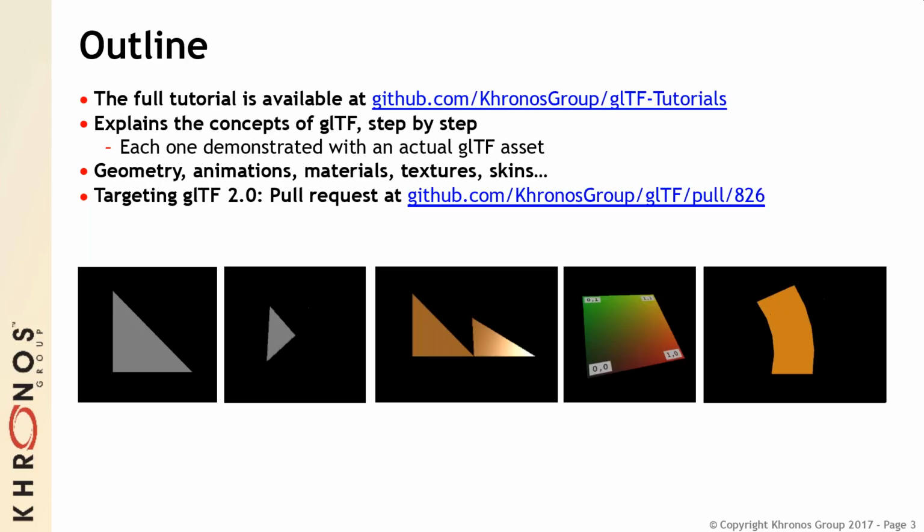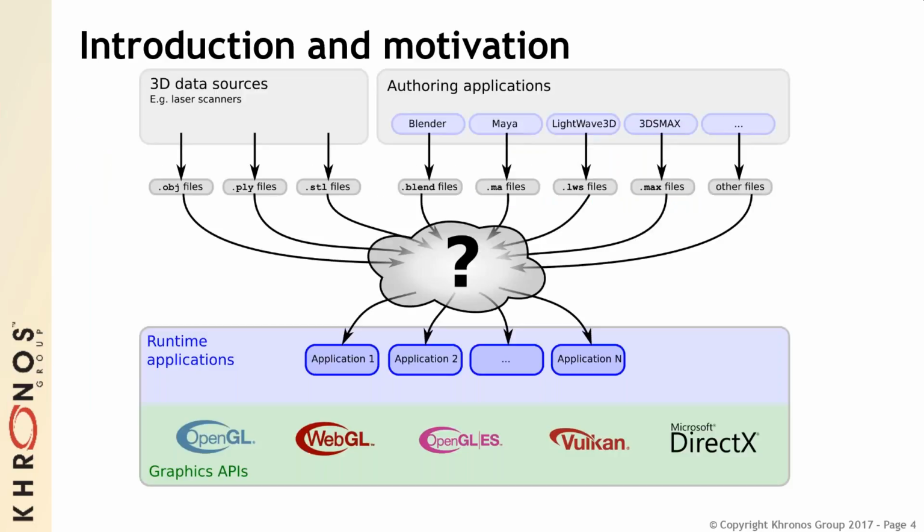And in order to make clear what the purpose of glTF is, let's have a look at the content pipeline as it is now or today. There are several different data sources, and for example, there may be laser scanners or other forms of 3D scanners that produce geometry data, usually raw geometry data consisting of possibly millions of vertices and edges and faces.